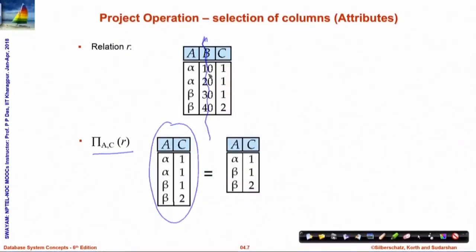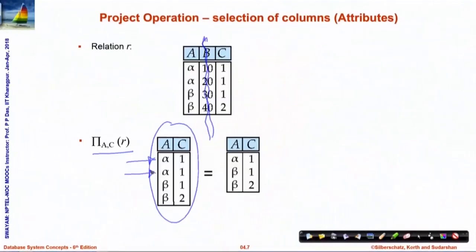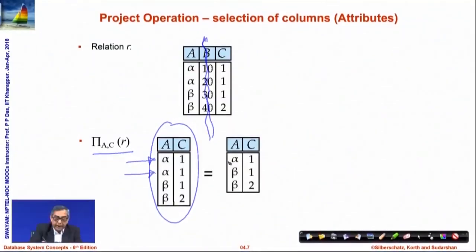So, after erasing B, the first and the second row have become identical. Naturally, both of them cannot be there; it will have to be made distinct by erasing one of them, and hence they become one row in the result.